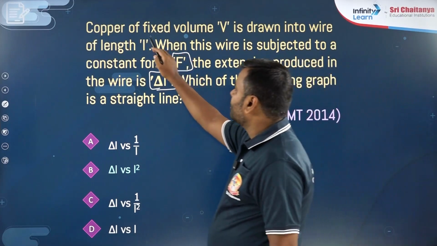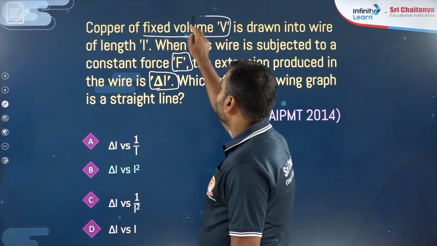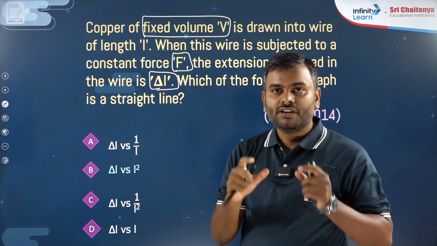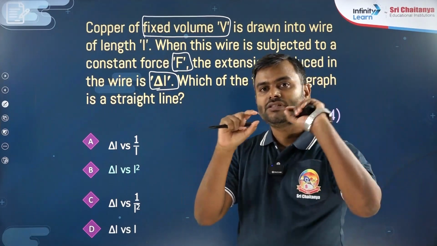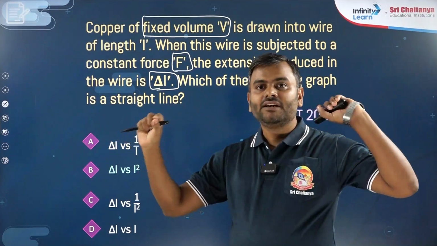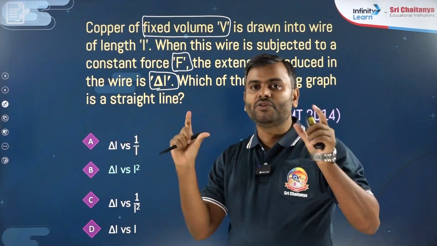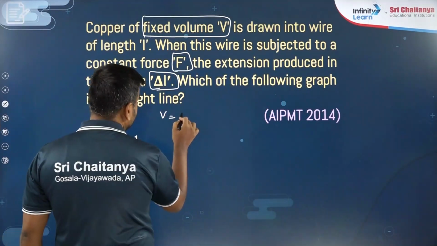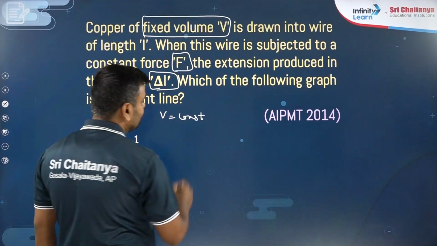So here you can see that they are saying that copper has a fixed volume. The volume of that copper material is fixed. We are going to use this to make a wire. So all the time, whatever the length of that wire, the volume is going to remain the same. So volume is given constant.